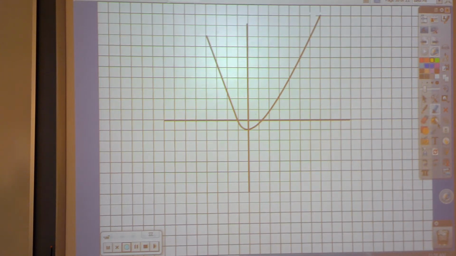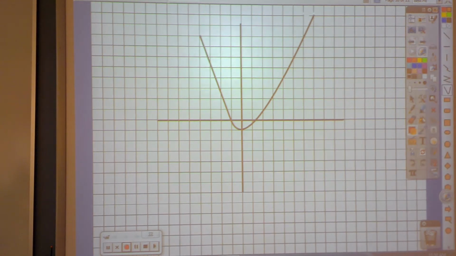Let's see, I'm going to use a straight line. I'm going to use yellow. I'll make it big.